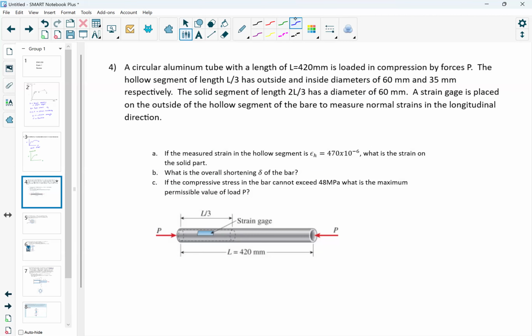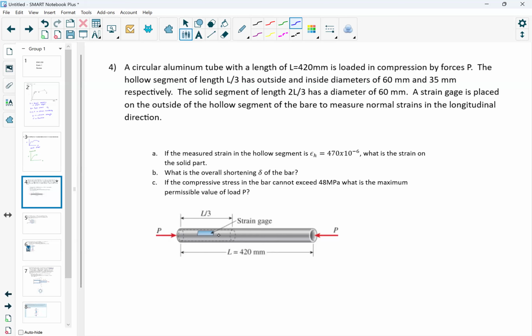All right, so we have a circular aluminum tube, and we're given the length of our tube is 420 millimeters, and it is loaded in compression by a force P. Now, the hollow segment of length L over 3 has an outside diameter of 60 millimeters and an inside diameter of 35 millimeters, and then we have a solid segment with a diameter of 60 millimeters.